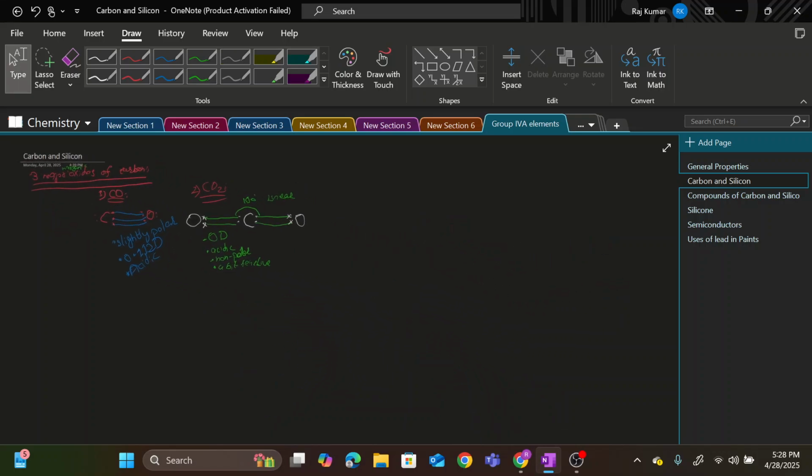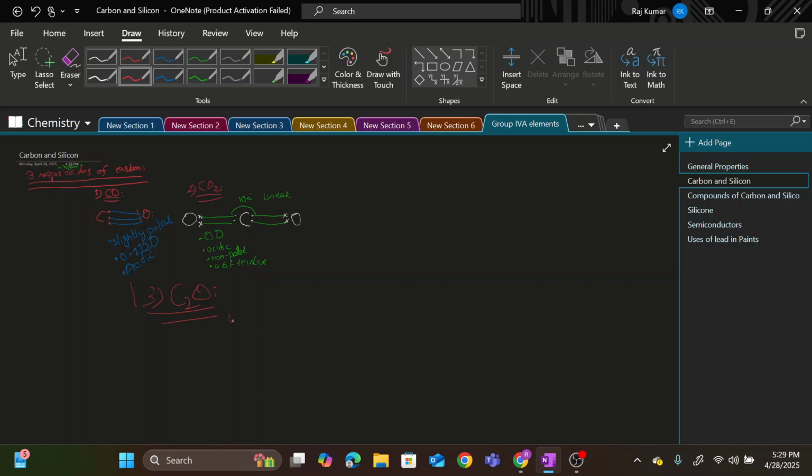All right. And the third one is carbon suboxide. Now, what is carbon suboxide? It is again an unstable inorganic carbon compound.